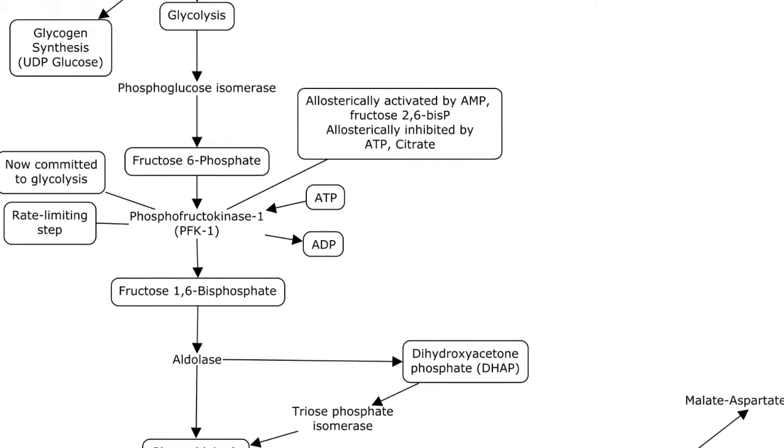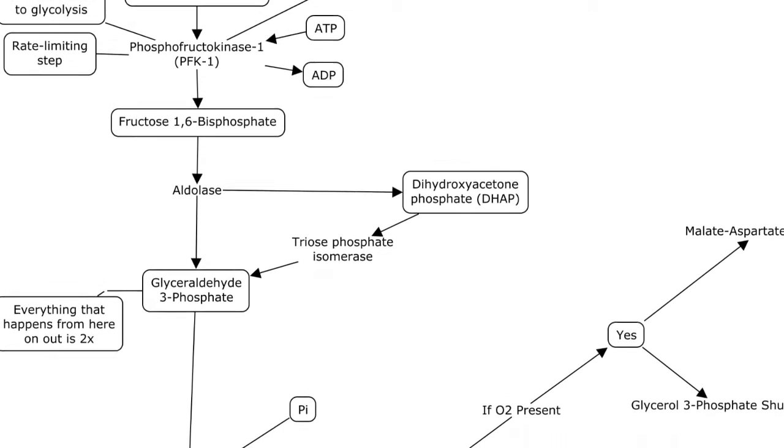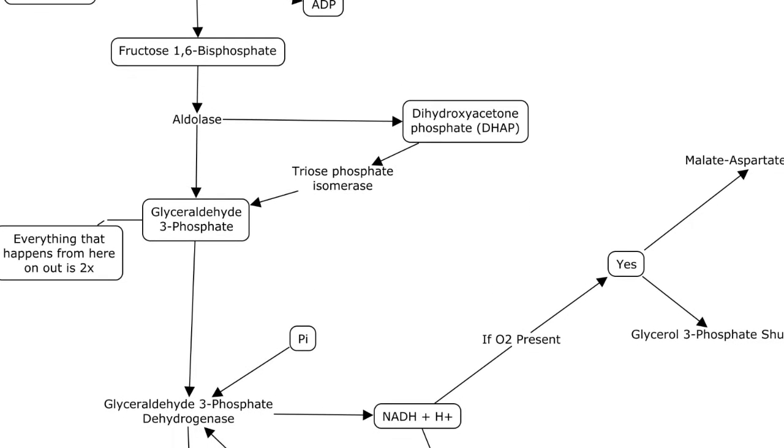Now next up, we've got the enzyme aldolase, and what this is going to do is cleave our substrate. So instead of a 6-carbon substrate, which fructose 1,6-bisphosphate is, we're going to have two 3-carbon substrates. One of those is going to be glyceraldehyde 3-phosphate, and the other is going to be dihydroxyacetone phosphate, or DHAP.